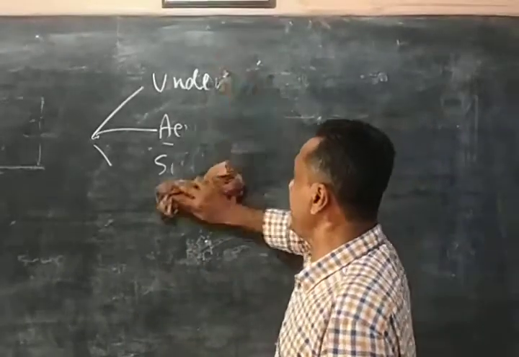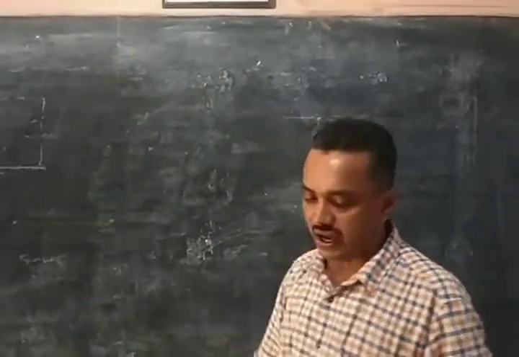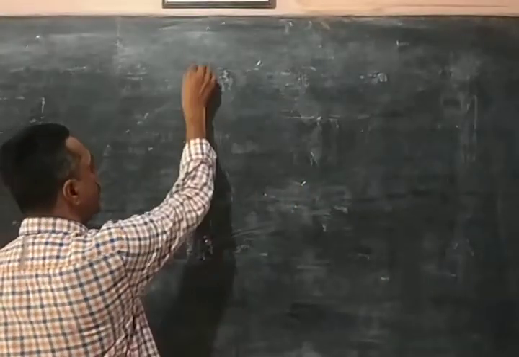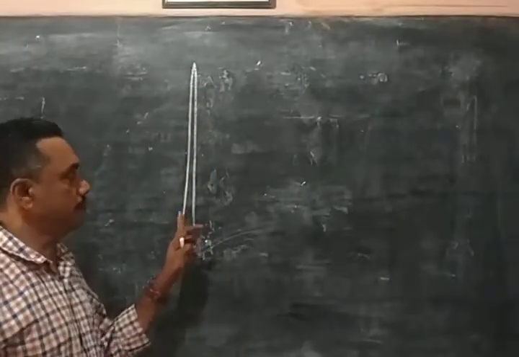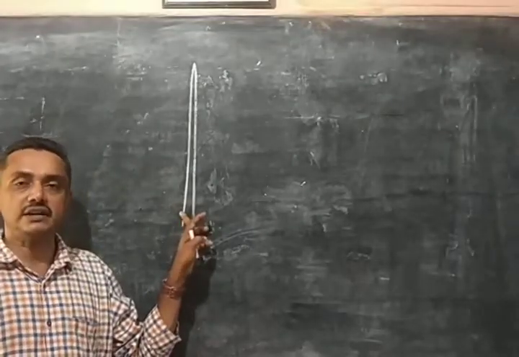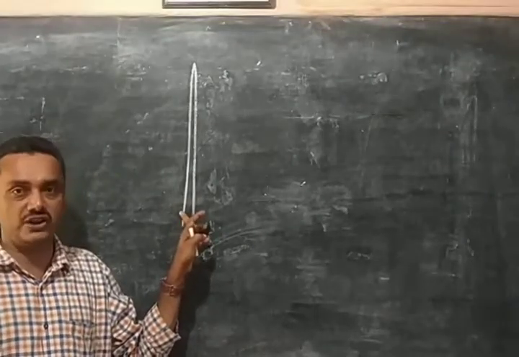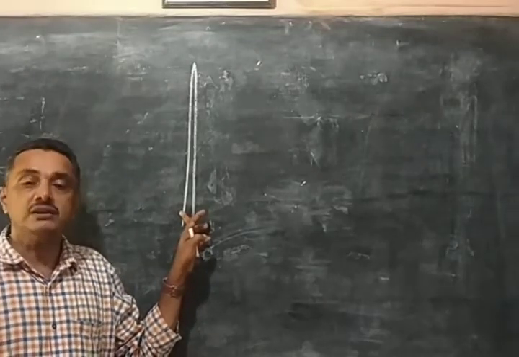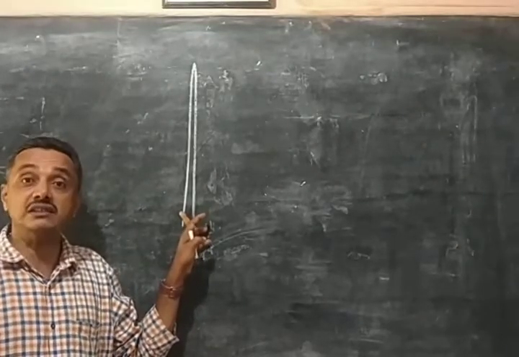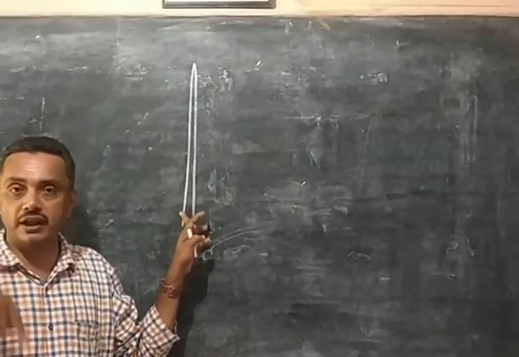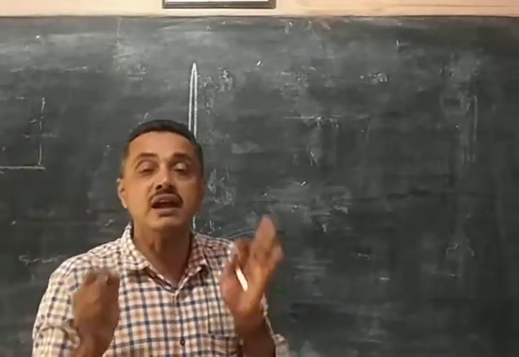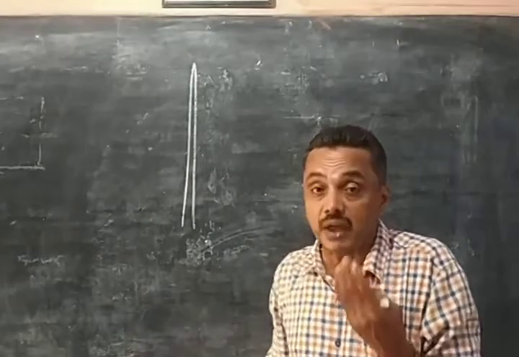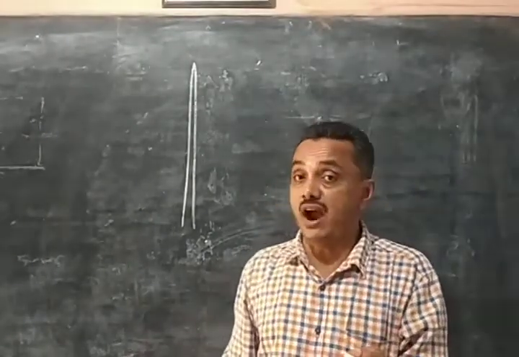See, what are the types of aerial stem modifications? What is the meaning of modification? Modification means stem doing functions other than conduction and supporting. The normal function of the stem is conduction and supporting the leaves and branches. But there are some cases where stem is modified.